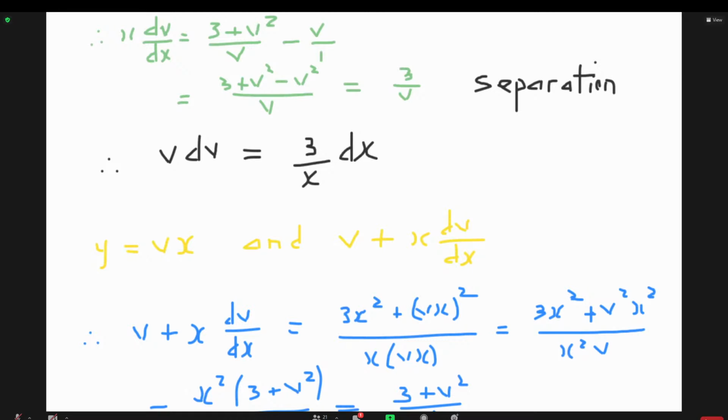Because remember it's x dv dx is equal to, so this x is on the top here, so it goes underneath. Dx is underneath, so it goes on top. V is underneath, so it goes on the other side on top.